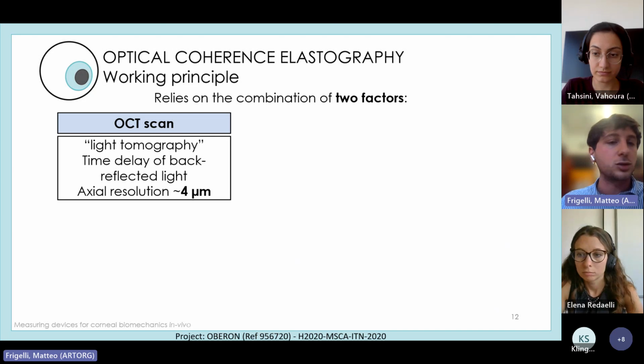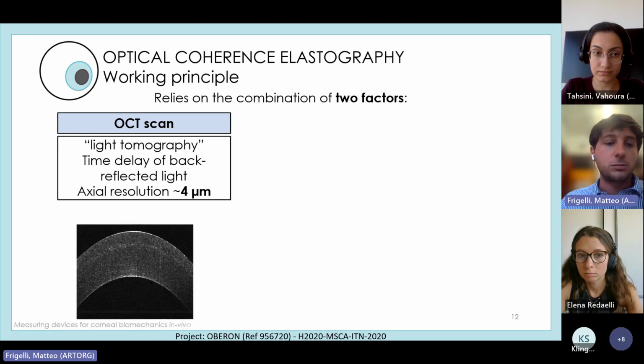That is an imaging system that measures the delay of the back-reflected light within the cornea, and is very axially resolved, with a 4 micron resolution, which means we can nicely characterize the whole thickness of the cornea, as we see in this image.